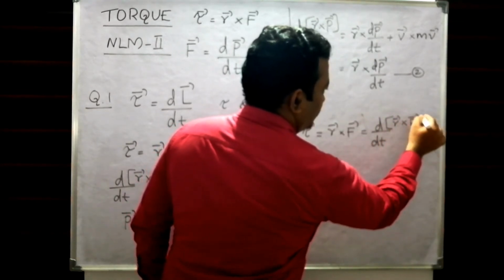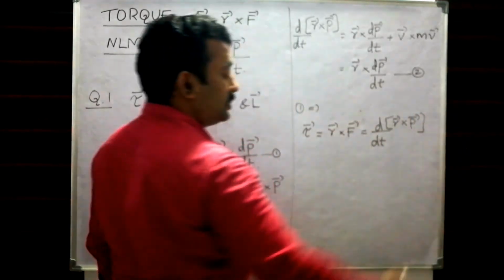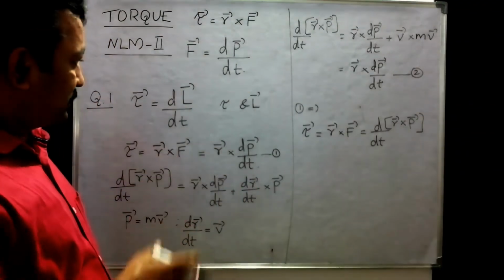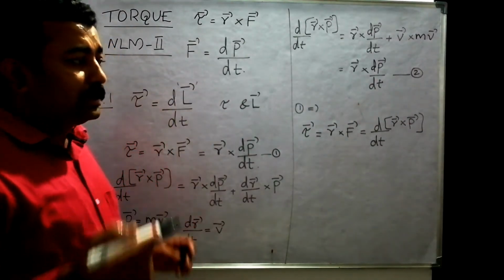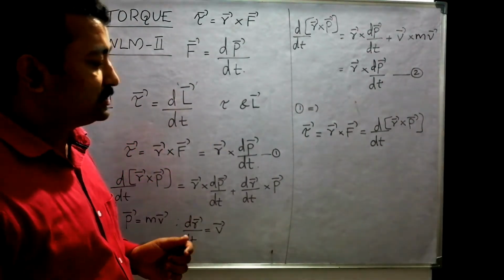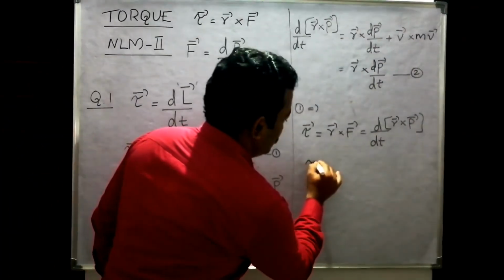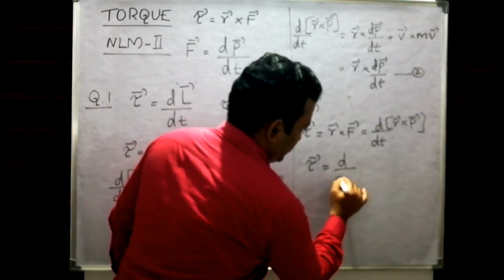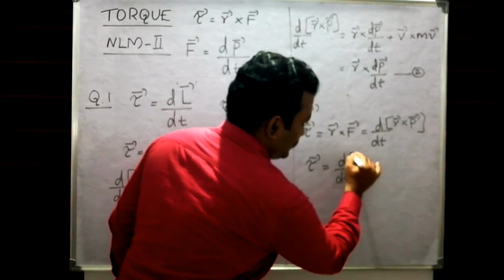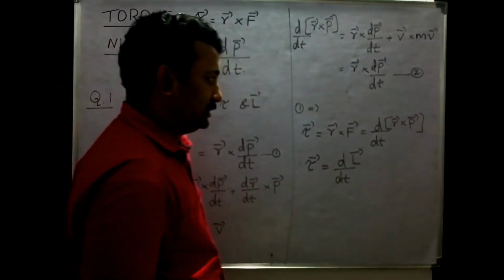That means d by dt of a particular quantity. So that bracket quantity I can call as what? Equivalent to momentum or analogous to momentum. So tau is expressed as d by dt of a quantity analogous to momentum.